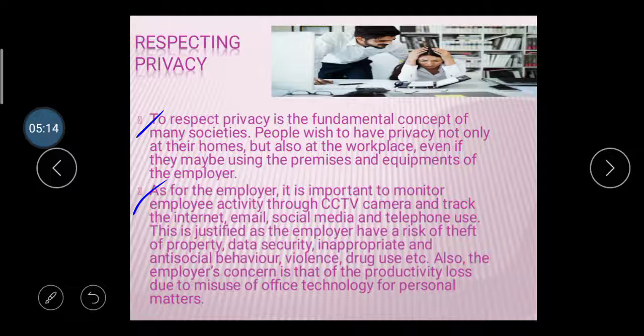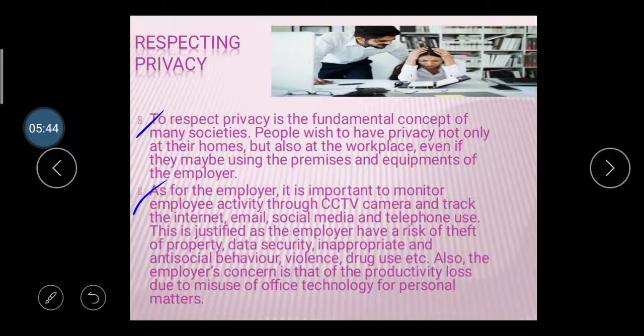If they do not do this, sometimes some workers can steal products like gold, silver, and platinum. If such products are stolen from the organization, then the organization bears some loss. So this type of activity cannot be allowed in the organization. That's why employers continuously watch through CCTV cameras.